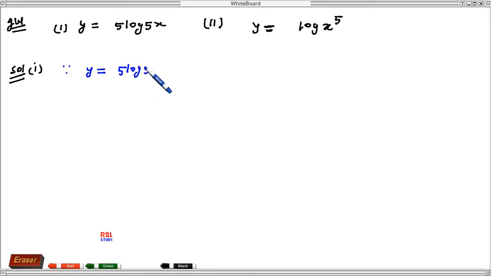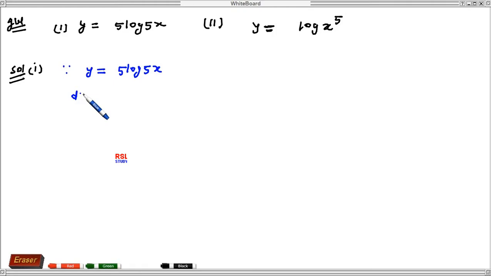So y equal to 5 log 5x. We have to differentiate it with respect to x, because this function is with respect to x.